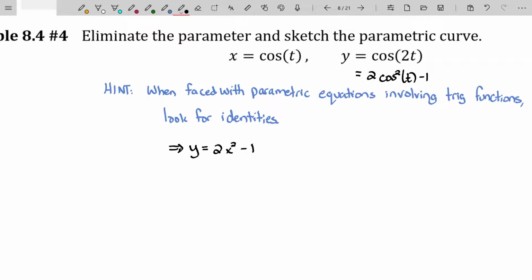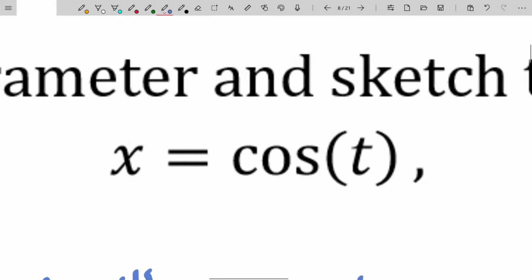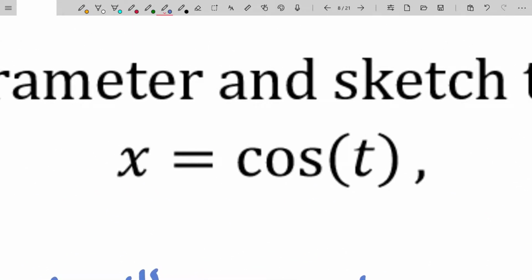And this type of problem is where I put on my additional little note here that's critical to understand. X and y are restricted because they're results of cosine functions. The cosine only outputs values, or the range of the cosine, if you want to be official, is only values between -1 and 1, including -1 and 1.